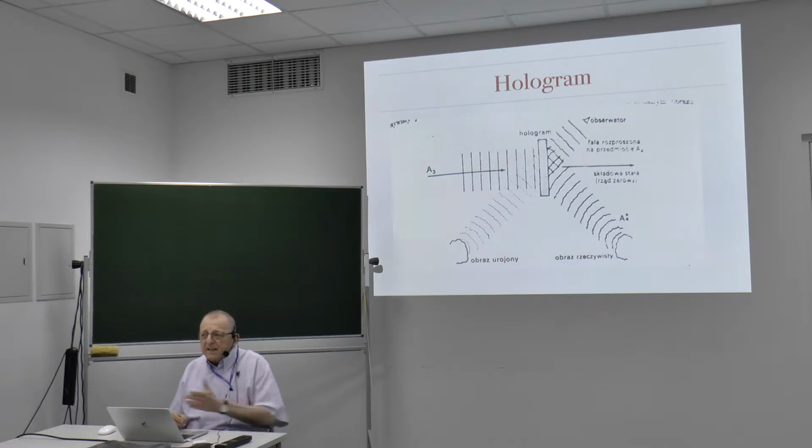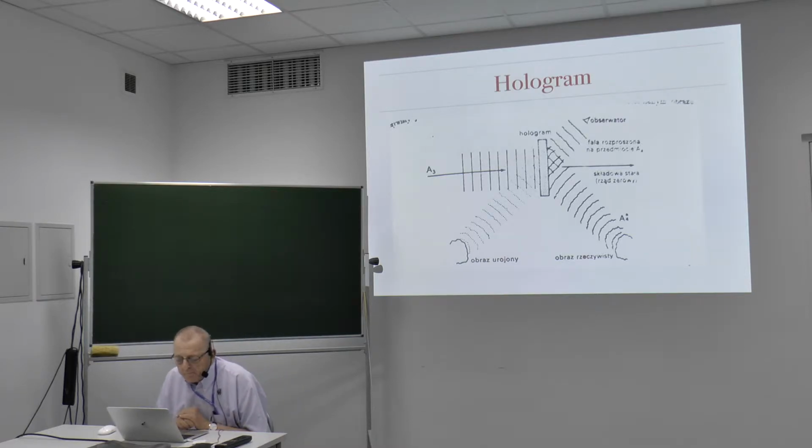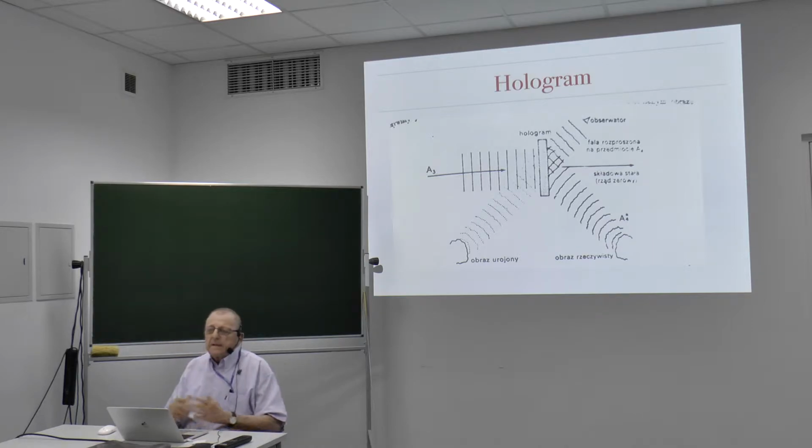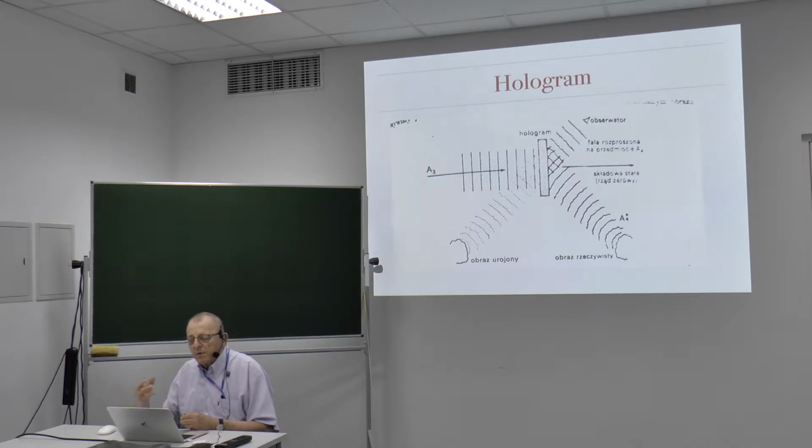That beam now scatters from the interference pattern, and it generates a variety of objects, so to say. There is an imaginary image which is formed somewhere, there is a real image, and I see something.